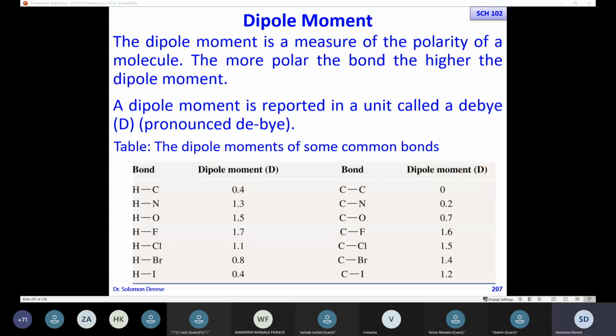Methane has polarized bonds, but the molecule methane is not polar. The dipole moment of methane is 0. Can you tell me how it can be 0, and why it should be 0?